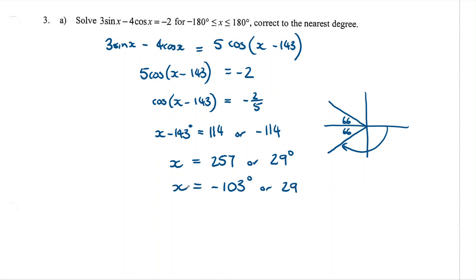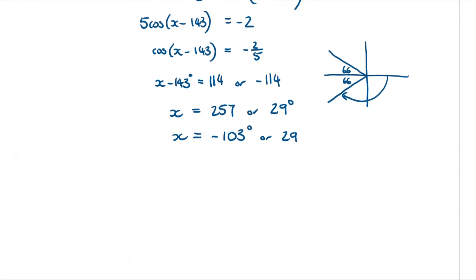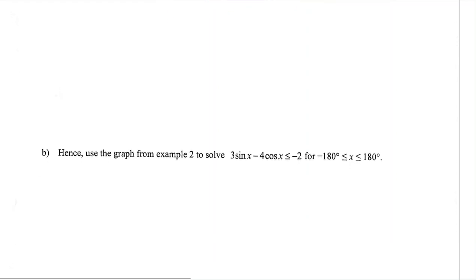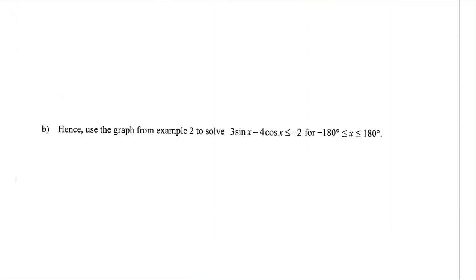Okay, we are actually kind of done, because part B just says, hence, from the example in question 2, solve your same equation again, equals minus 2 between minus 180 and 180.